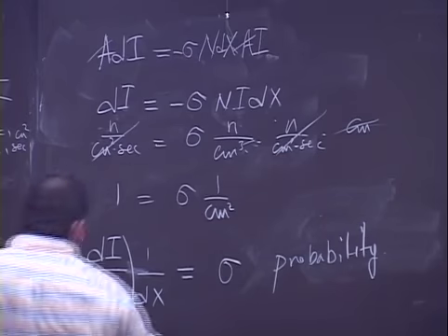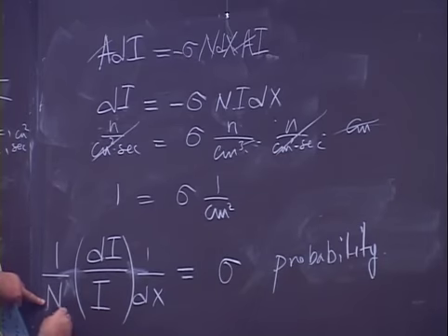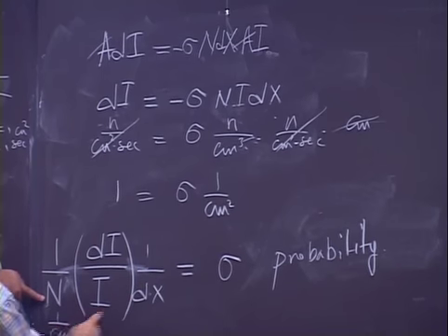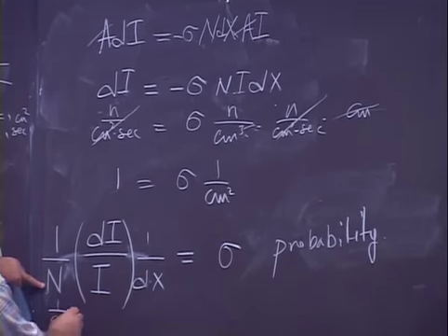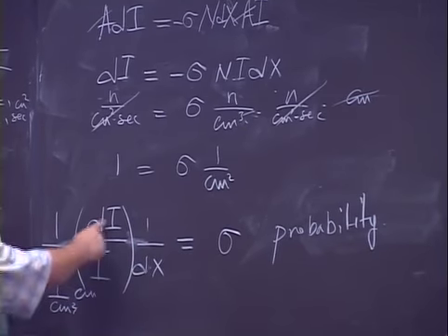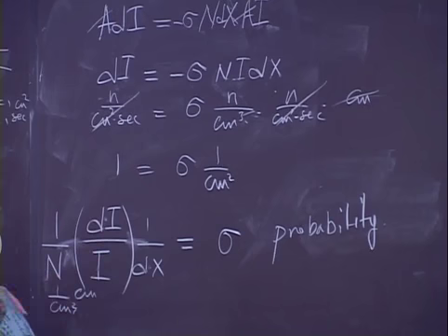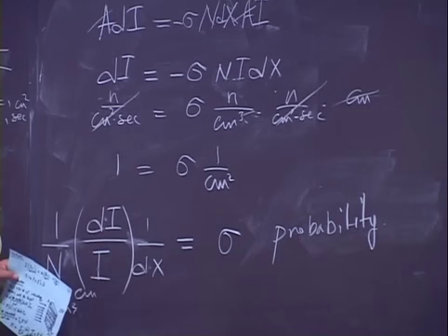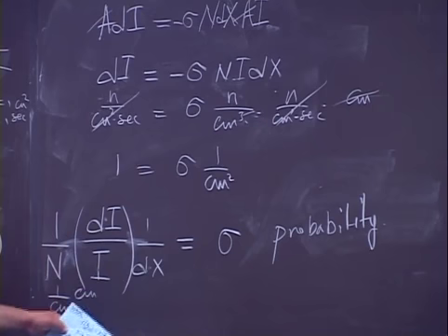So this is per unit volume, so 1 per centimeter cube. And delta X is what? Centimeter. The ratio of those two is unitless, because delta I and I are unitless. Yes? So this will go with this, and you will have centimeter square.